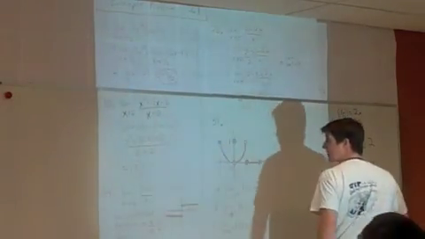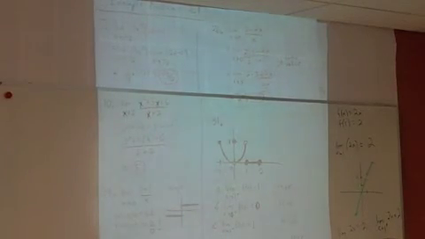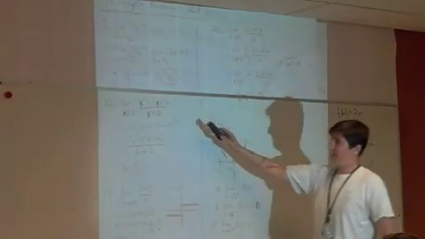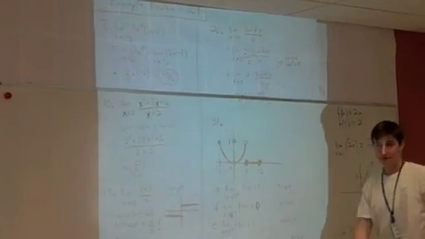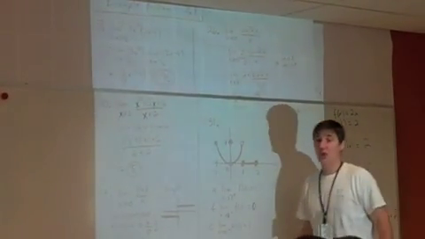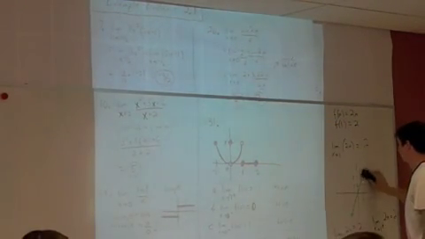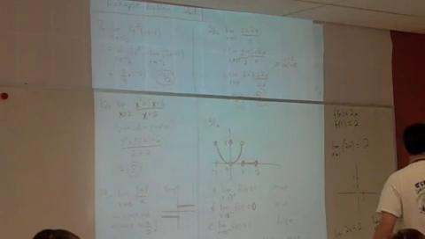Graph that function, x squared plus 5x plus 6, over x plus 2. This one right here, example 10. And I want to know what's the limit as x approaches 2. Get in there.